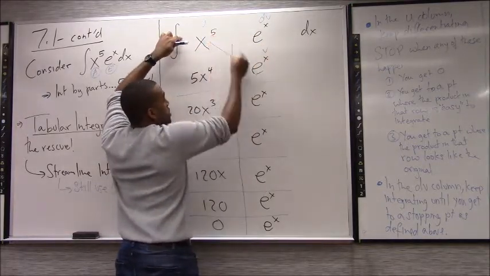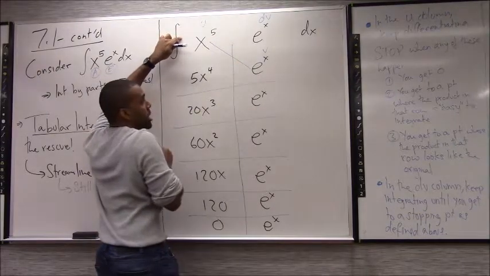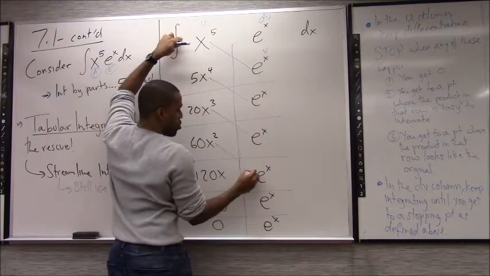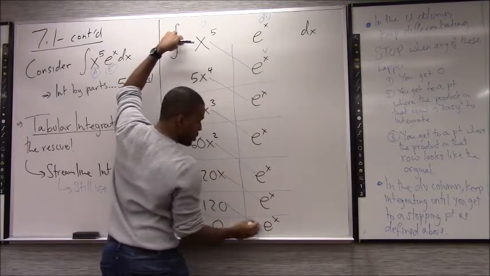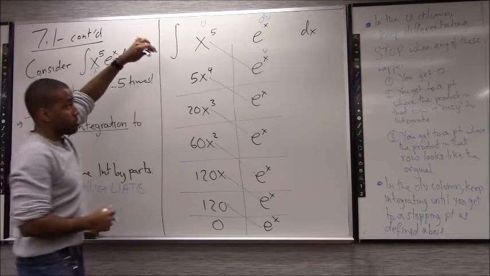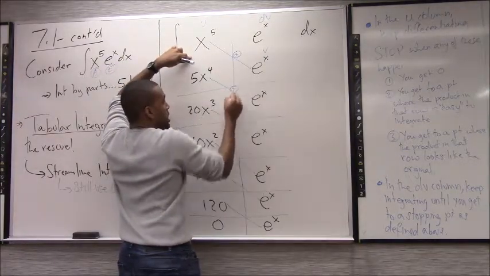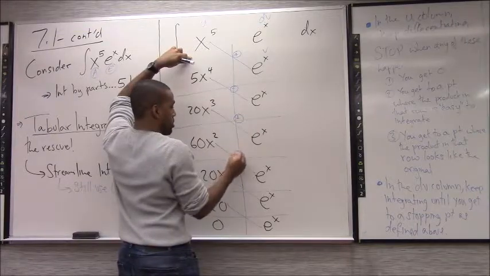You take the u times the v. So you're going to multiply that, and you're actually going to do that right down the line until you get to that last step. In the first case, it's a positive sign, but then the signs alternate from that point on.